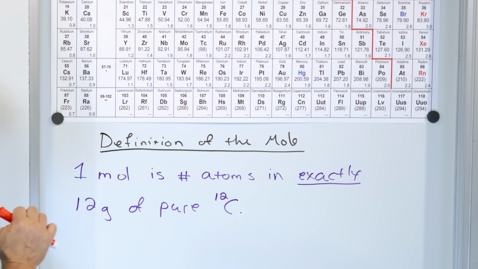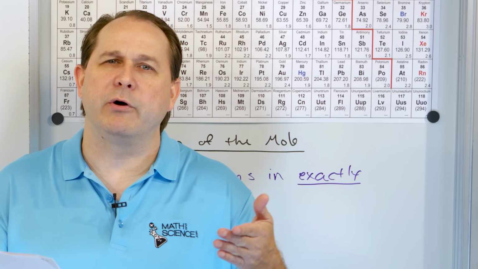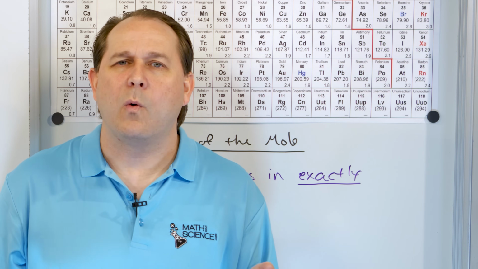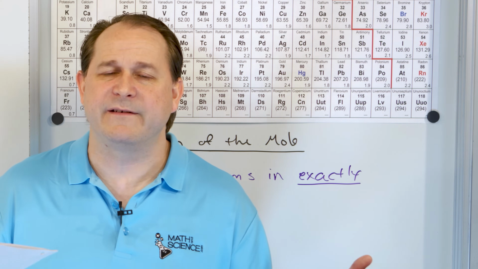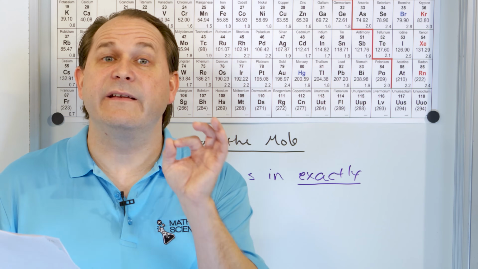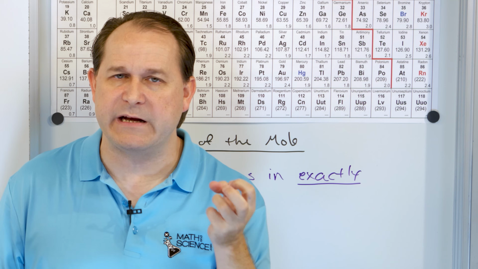So I'm asking you, why is a mole 6.02 times 10 to the 23rd? Why isn't it times 10 to the 25th? Or why isn't it 6.5 times 10 to the 23rd, or just some other number? Why is it the number that I wrote on the board? The reason is because it's not pulled out of thin air.